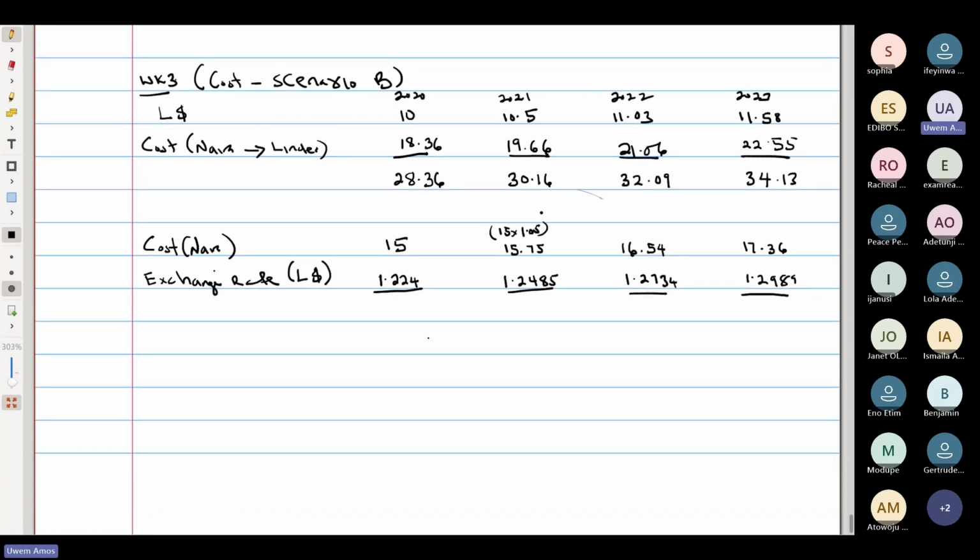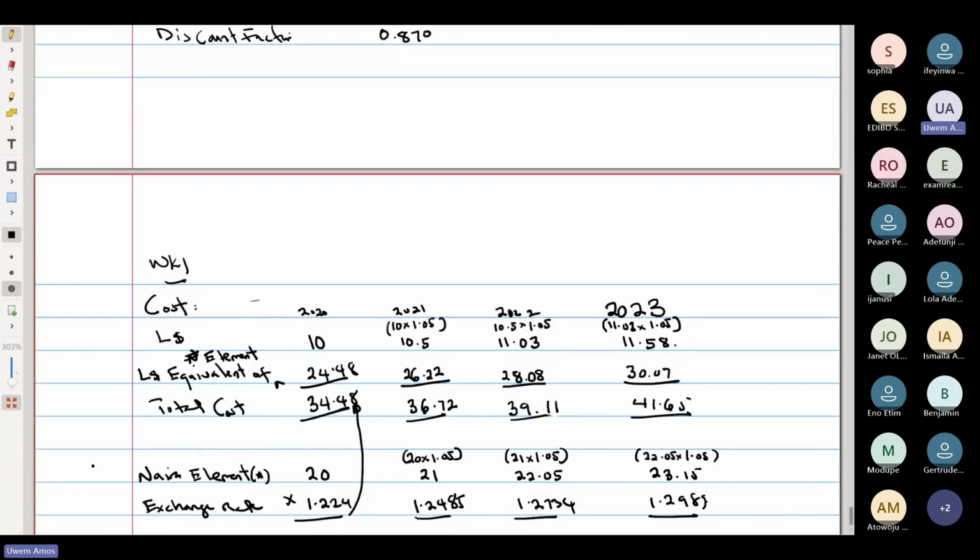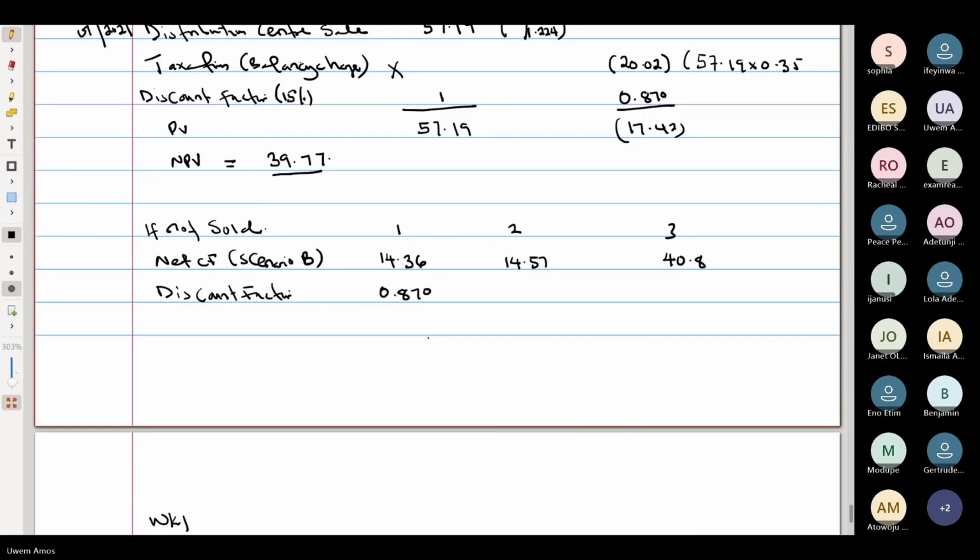For this particular proposal, our 2021 is our year 1, that's why we're using the year 1 discount factor.